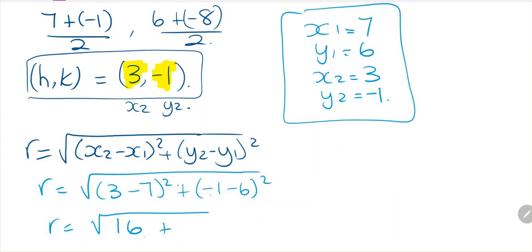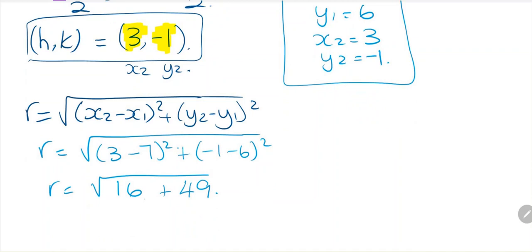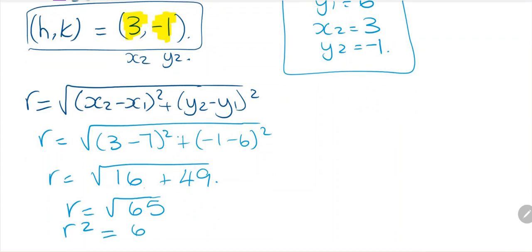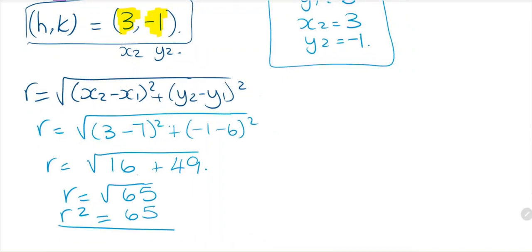And then minus 1 minus 6 is minus 7, squared is 49. If we add these values together, we will have root 65. So squaring both sides, r squared is equal to 65. So now we know our radius for our equation.